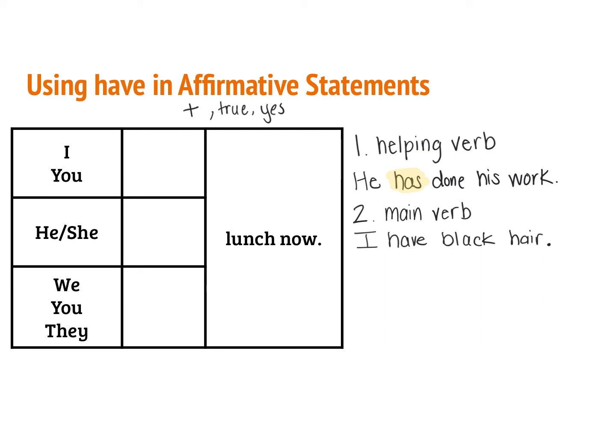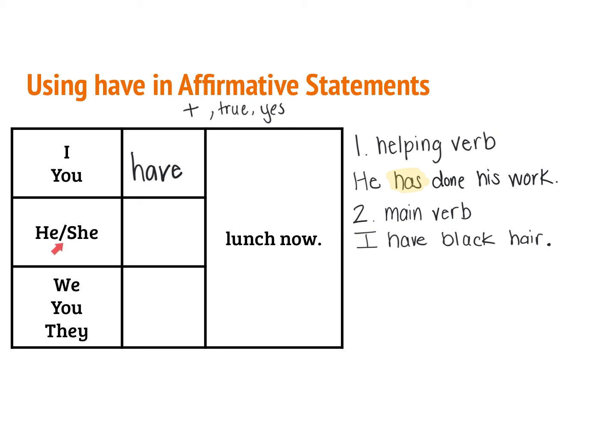So first we have I and you. When you use the pronouns I and you, you're going to say, I have. For example, I have lunch now, or you have lunch now.